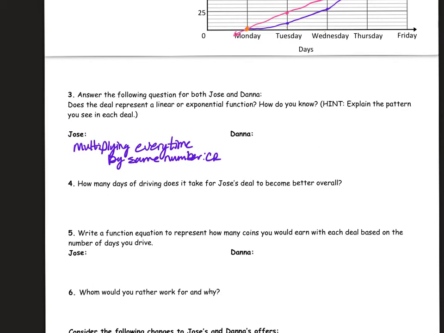And we also know the graph is curved up on one side. Okay, so what does that mean? If that's the pattern that we see, what does that mean Jose's function is? Exponential, yes. So if you put that, and if you didn't get all of the reasons for it being exponential, that's okay. But if you got one of them, awesome.